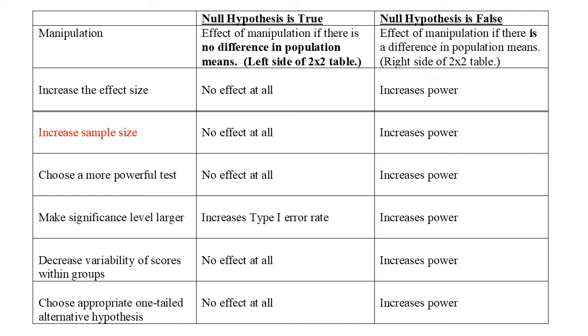You're going to use more participants, but in the long run, you're going to use fewer participants. And on top of that, it's going to be more likely to disseminate correct information to the scientific community. So when you're designing your studies, think about this table and think about ways that you can increase your power, especially if you need to increase your power.